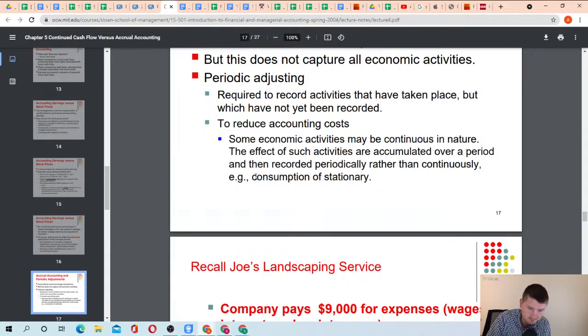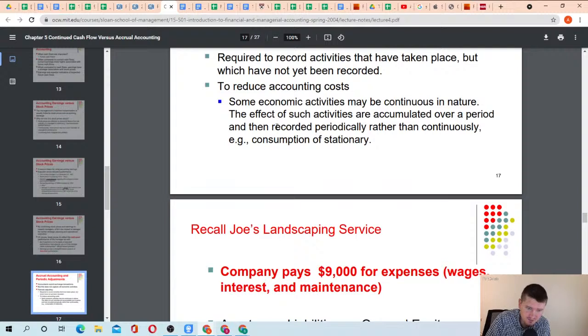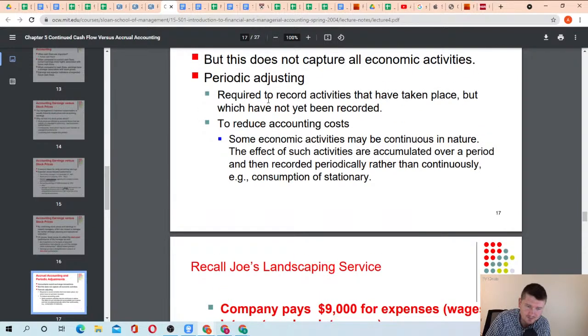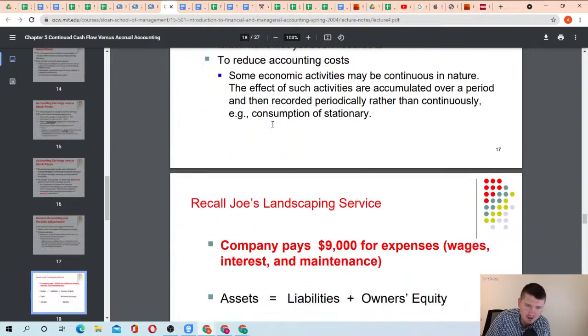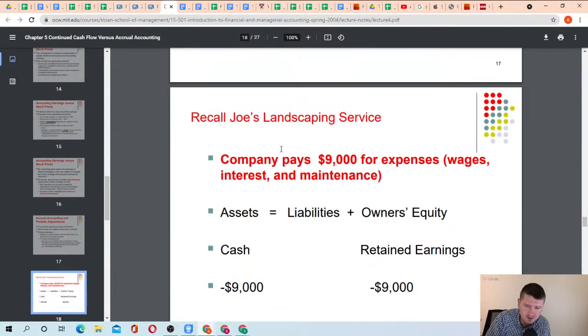And for that reason, every month you depreciate that building without any cash exchange. You just do it periodically.